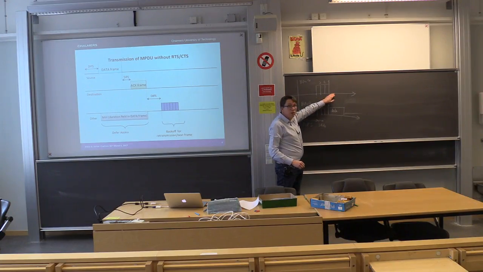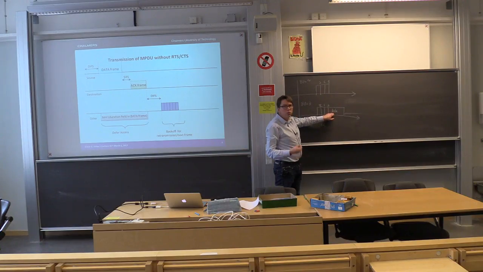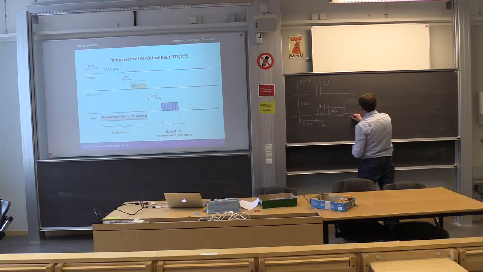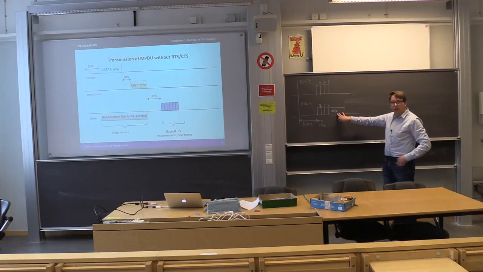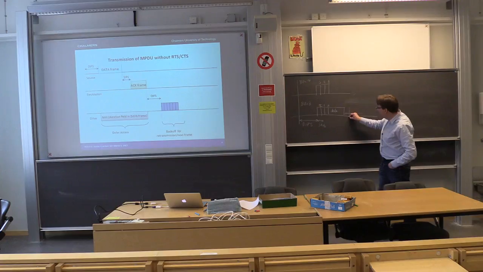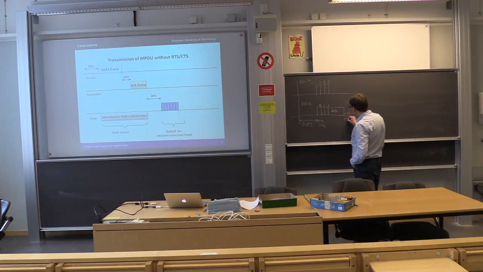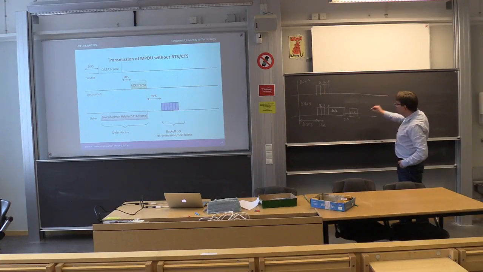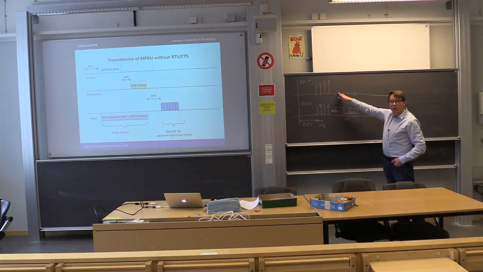What would the station up here do? Well, it would do carrier sensing during the slot and figure out, oh no, somebody else got the channel, so I have to wait. Okay, and it has to wait until this data frame has expired, so at this point, and then there will be a SIFS, and then there will be an ACK due to this. And here, the channel would then start to become idle again. The station up here is still in back-off mode.